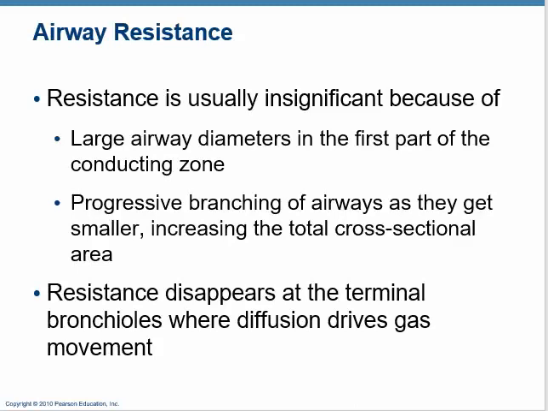There are millions of bronchioles, and so their total cross-sectional area is actually greater than the trachea. So say the trachea has a diameter of about 5 centimeters, and the two primary bronchi each have 3 centimeters. Well, now that's 6, which is bigger than 5.